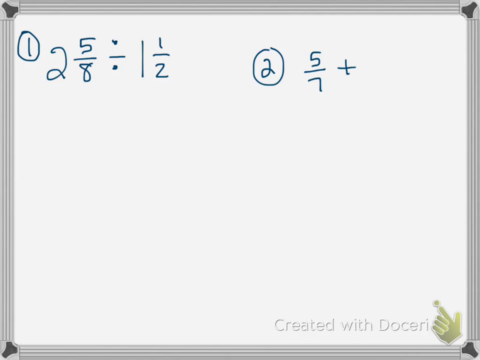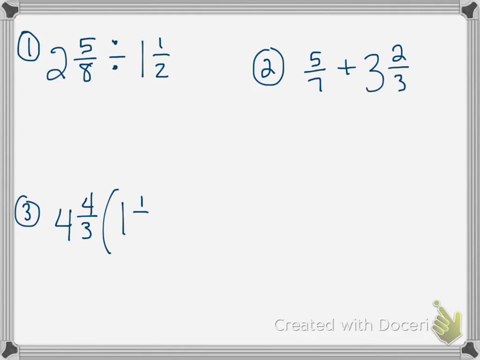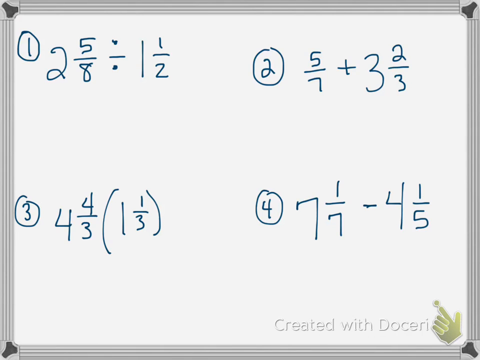If you want to write it vertically, that's fine. 3 2/3. I would like for you to try 4 3/8 times 1 1/3. And lastly, I would like you to try 7 1/7 minus 4 1/5. And you are going to need to borrow on this one. See you tomorrow.